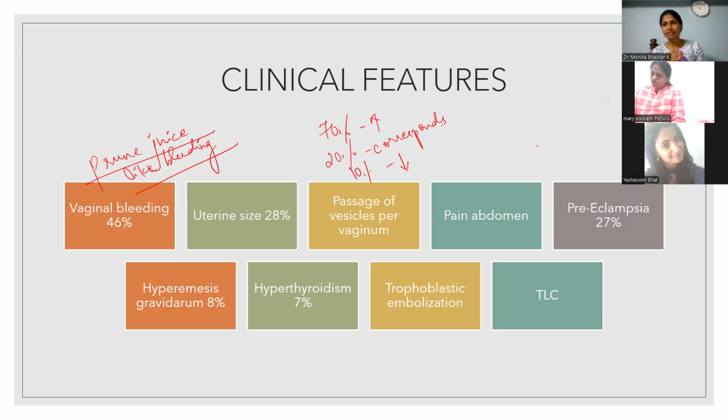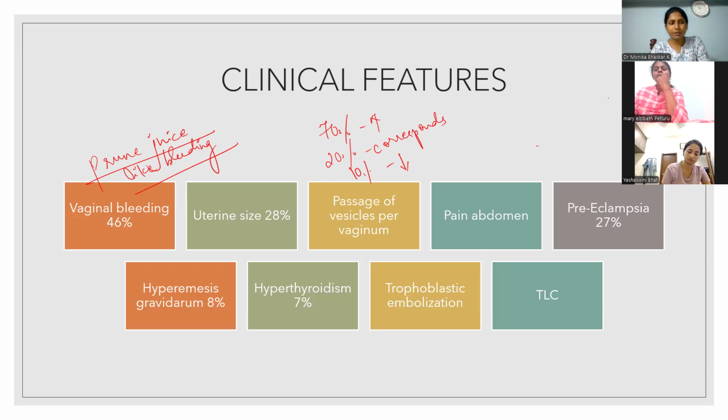So all these clinical features are more common in a complete hydatidiform mole when compared to a partial hydatidiform mole. To repeat, in complete hydatidiform mole, there is vaginal bleeding in 46% of the cases. The uterine size will be more than the period of gestation in 28% of the cases.